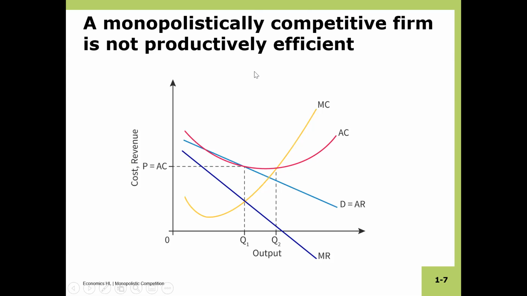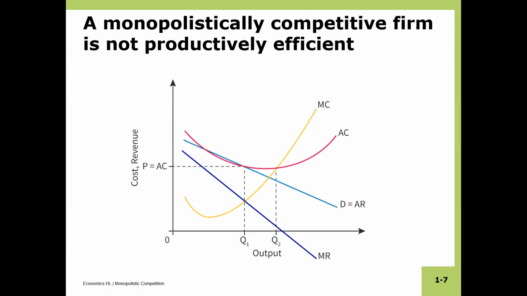Now, the two things about efficiency. The monopolistically competitive firm is not productively efficient. Productively efficient just means AC equals MC. You're producing at this point here. If this firm was productively efficient, it would produce at Q2, where MC equals AC.